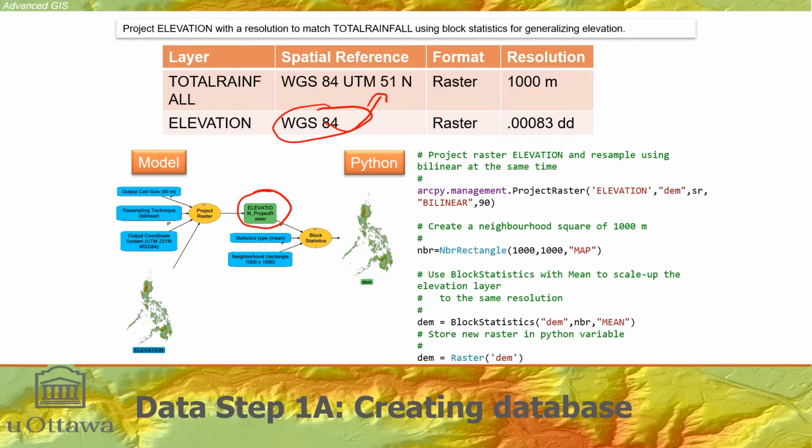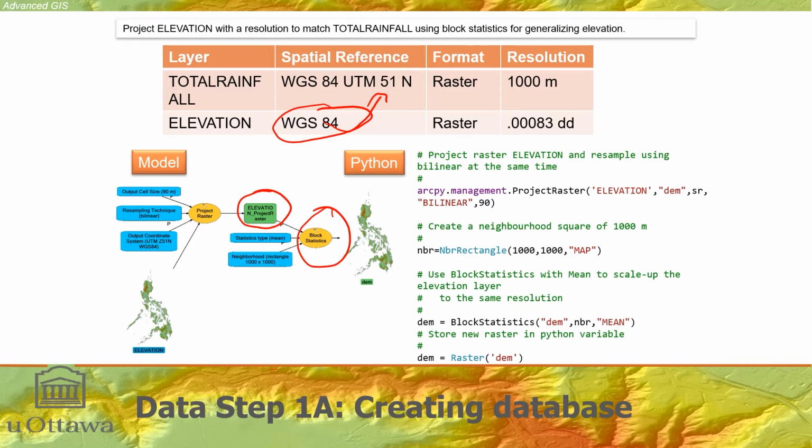So to do that, we use block statistics. Block statistics assign to each cell within a defined block size, like 1,000 by 1,000 meters, a statistical summary value of all of the cells that were considered within that block.